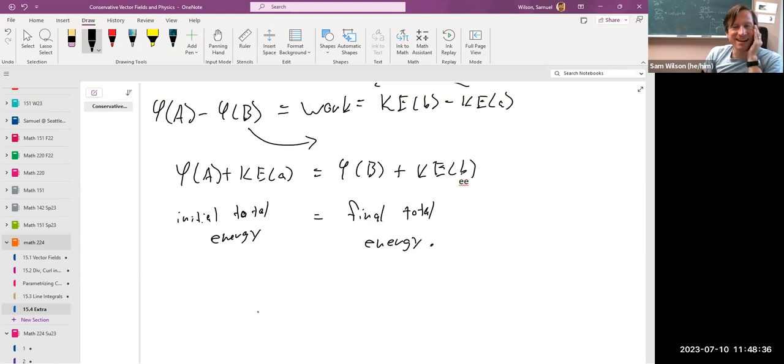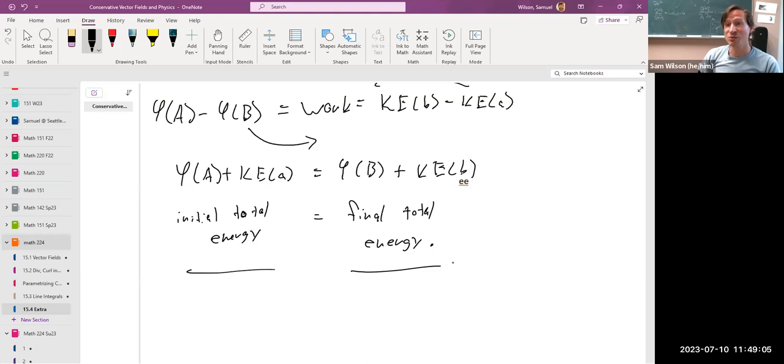So what this is saying is that if you have an object moving around under the influence of a conservative vector field, total energy is conserved because it's the same at the beginning and at the end. And this was true for any interval of time, so that means energy is always conserved in this scenario. This is one reason why conservative vector fields are important, and why conservative forces are so nice when you're working in physics situations.